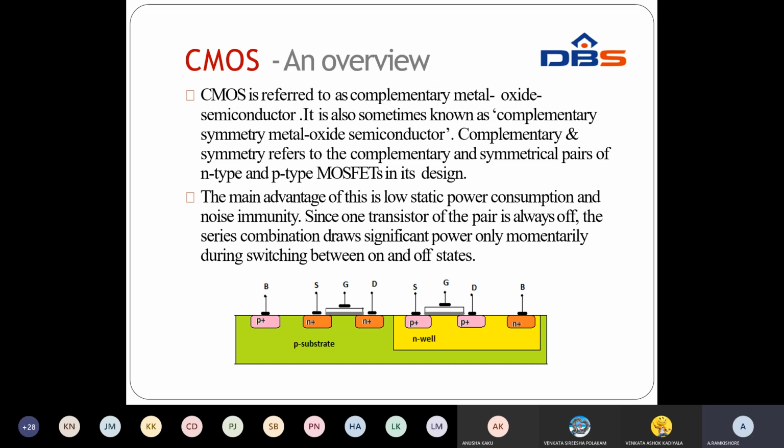This CMOS is used in so many circuits, such as adders, subtractors, encoders, decoders, multiplexers, and many combinational and sequential circuits.